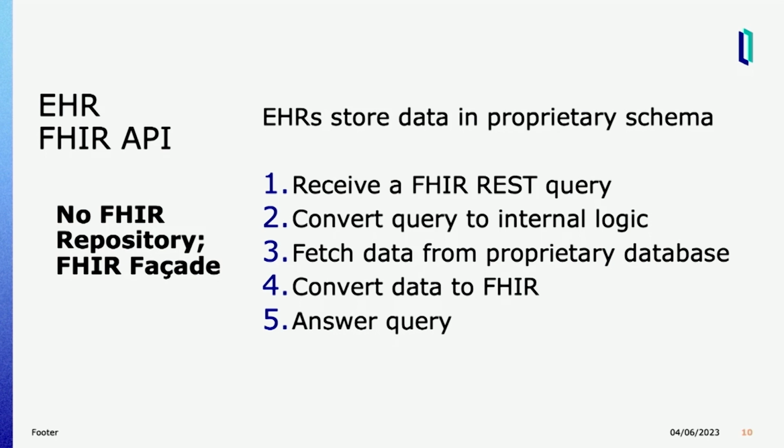It's reasonable, in fact, efficient for a small data set, like you want to know all of a patient's current medications, that sort of thing, but not if you want a summary history of a patient or a large data set about a patient or about a population of patients. So EHRs do not store FHIR even when they have a FHIR API.